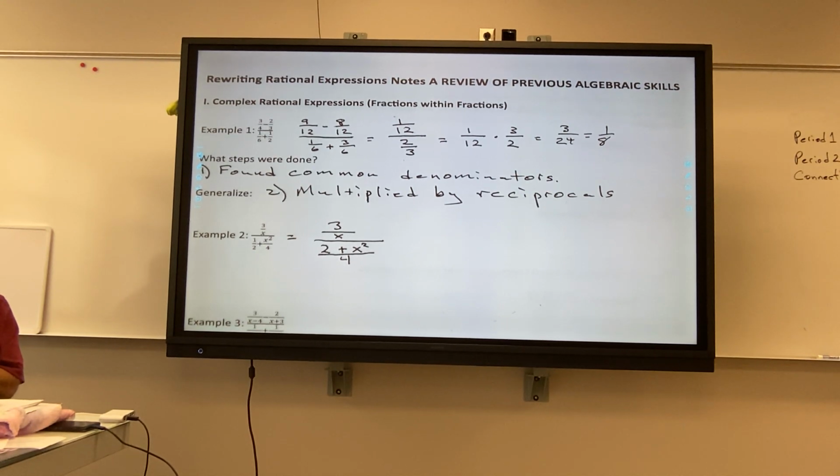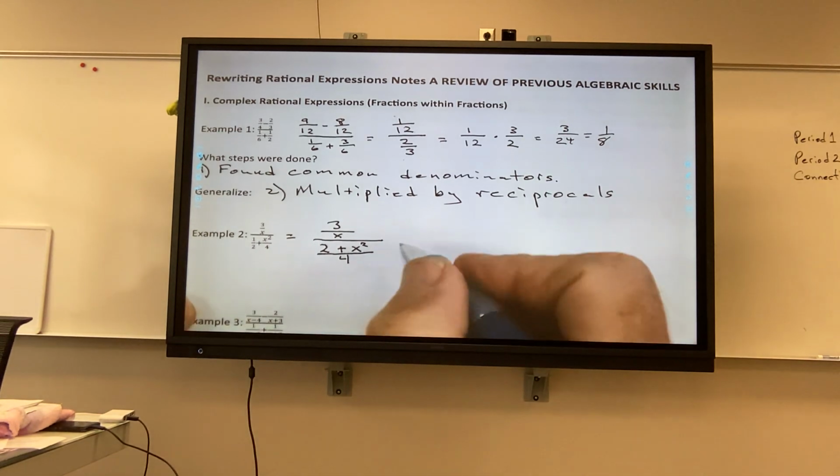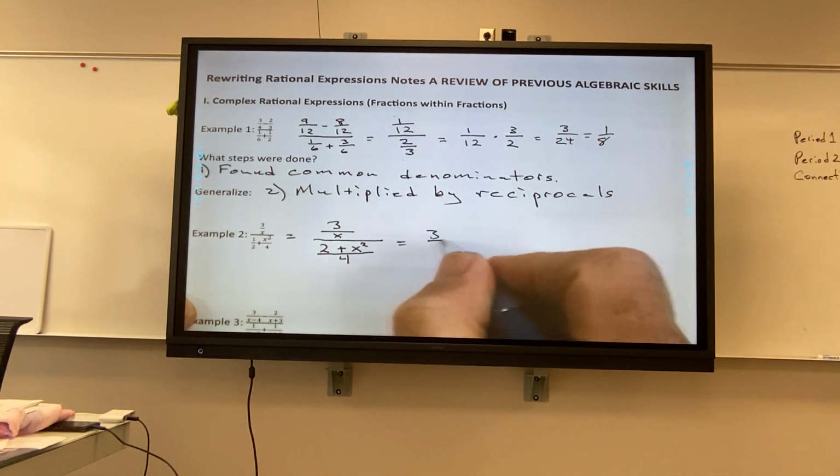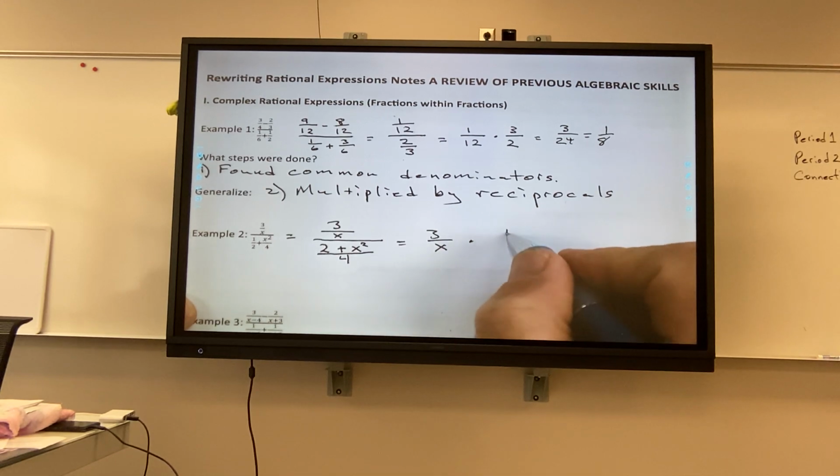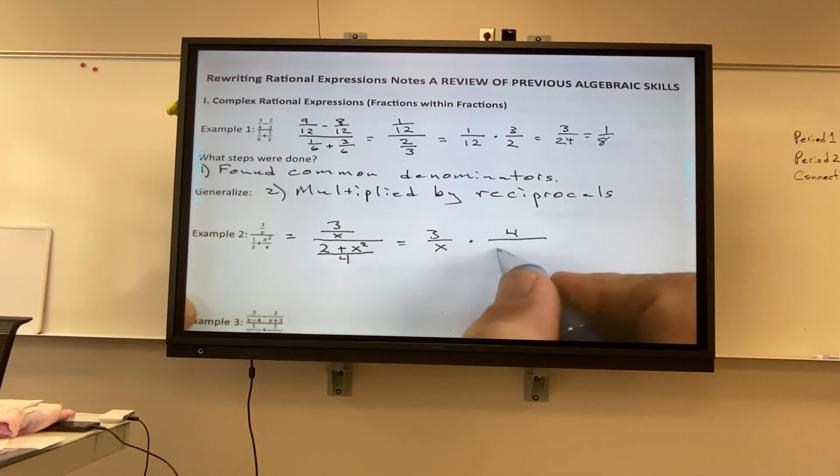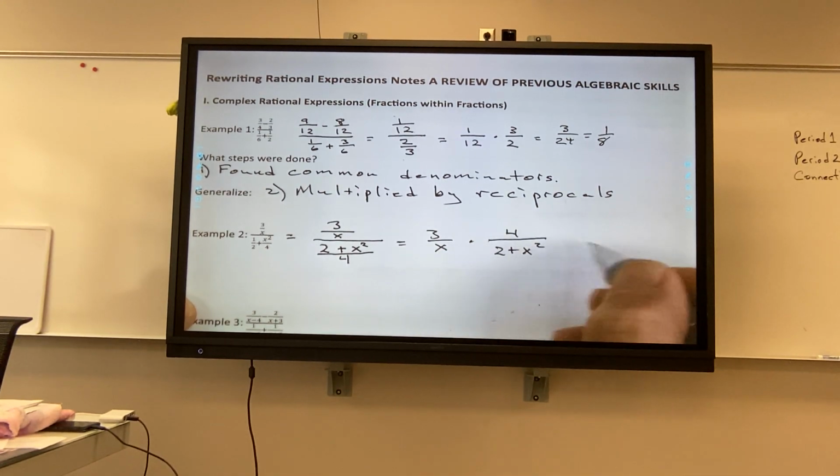Does everybody know where the 2 plus x squared over 4 came from? Okay, good. Everybody okay with that? So now what I can do is I can have 3 over x times the reciprocal, and I'm going to get 12 over this. Now I'm going to make a comment about this.